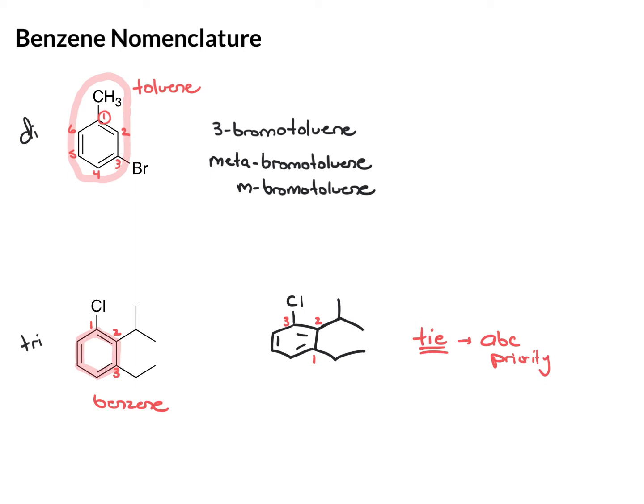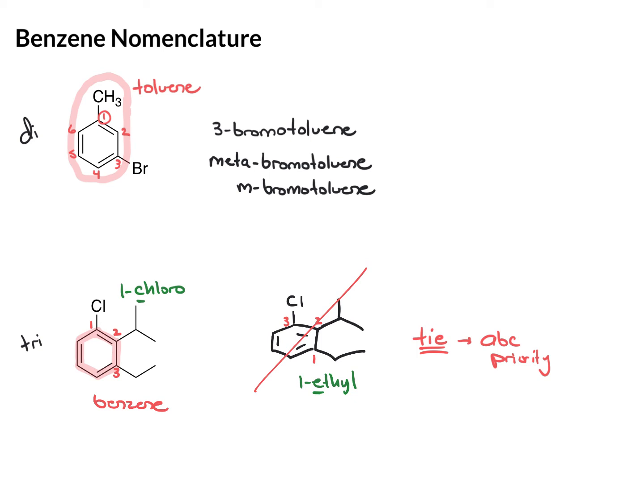So think about the number 1 substituent in both cases. We can either have 1 ethyl or we can have 1 chloro. The chloro is alphabetically prioritized over the ethyl group. So that means we're not going to use the one on the right, we're going to use the one on the left. So let's write our other substituents out.